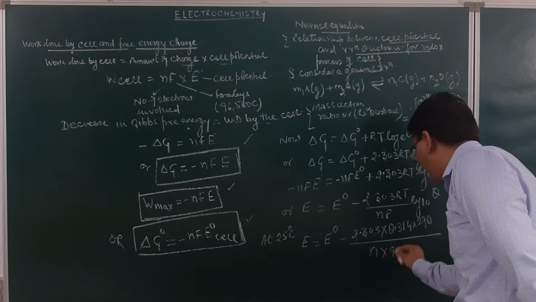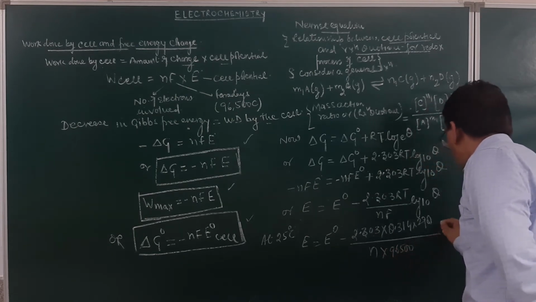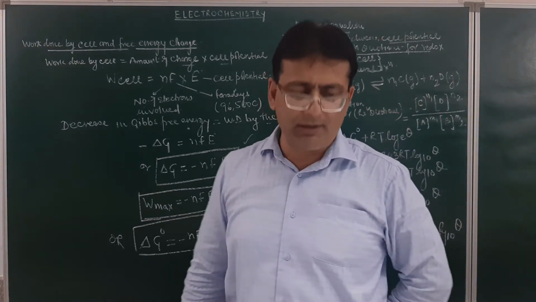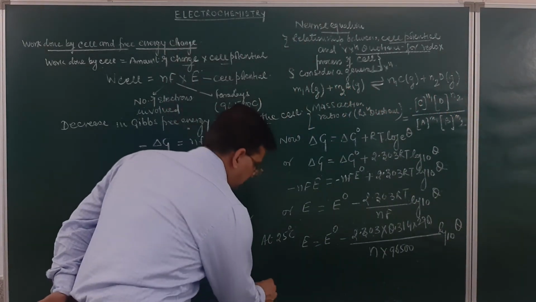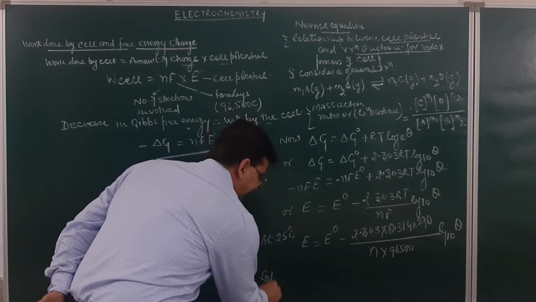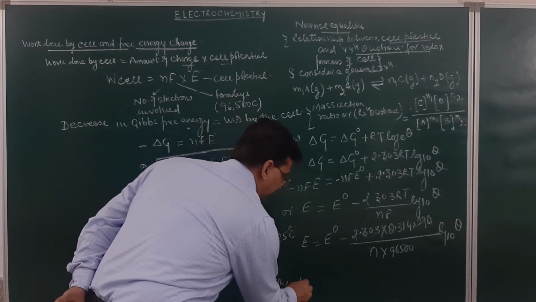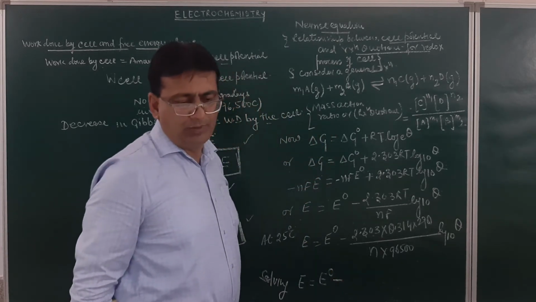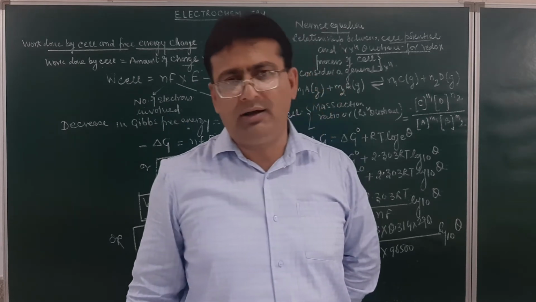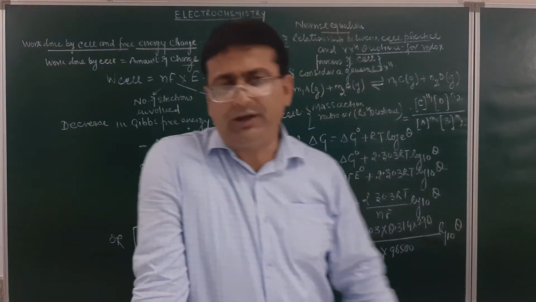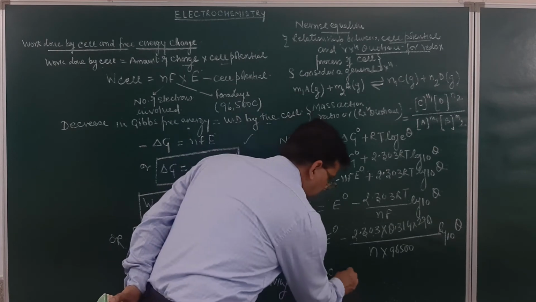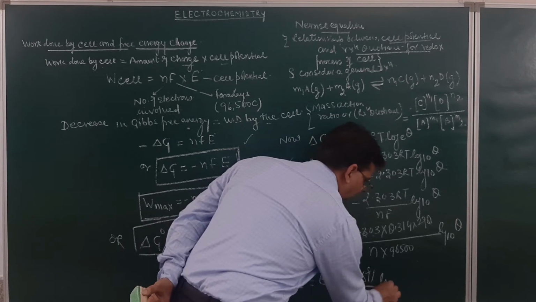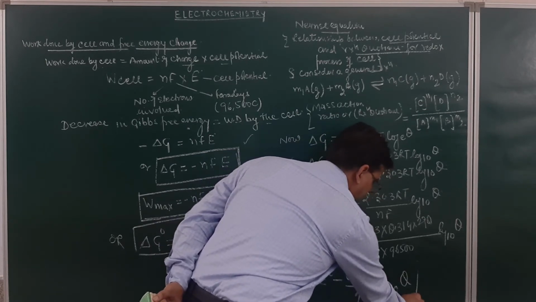This will be log base 10 of the concentration quotient. Am I getting clear? Solving this, we get the relationship E will be equal to E naught minus 0.0591 upon N log base 10 of Q.